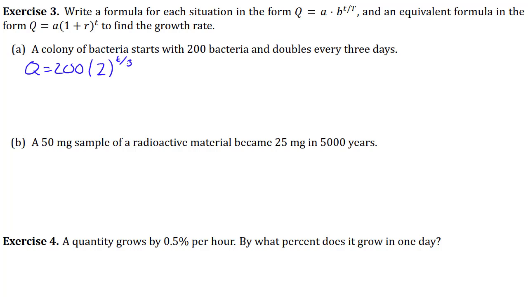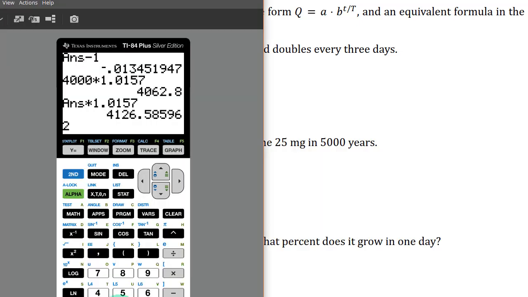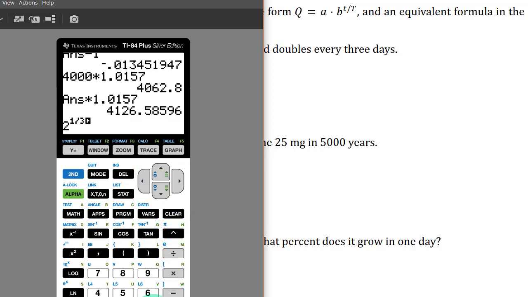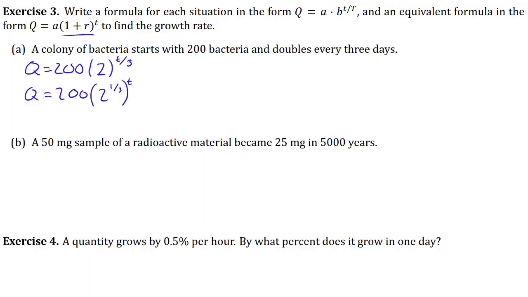Then to get that into this form, we're going to write this as 200 times 2 to the power 1/3 to the power t, and 2 to the power 1/3 is 1.26.